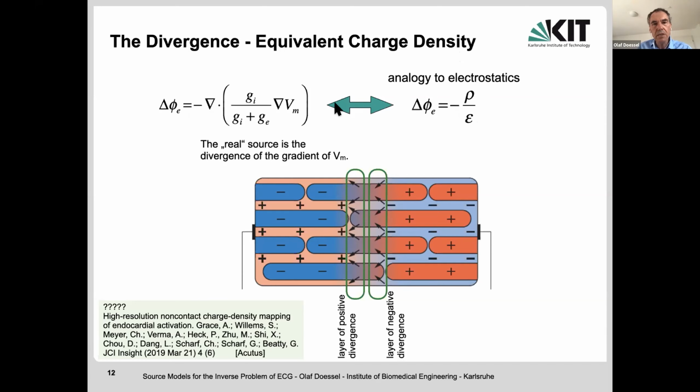So mathematically, it is equivalent whether you talk about the divergence of this with the transmembrane voltage or whether you talk about charge densities. So here in this area of the depolarization front, you have a layer of positive divergence, and here you have a layer of negative divergence. I would prefer to interpret this in the sense of impressed currents, but from the mathematical point of view, it's absolutely equal to do as if this is a positive charge density and this is a negative charge density.